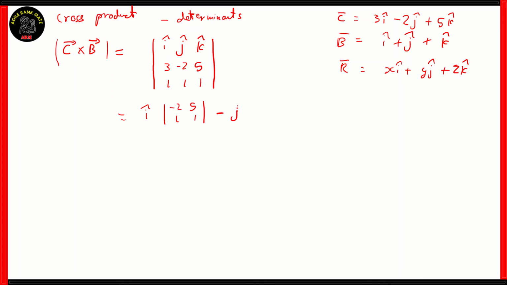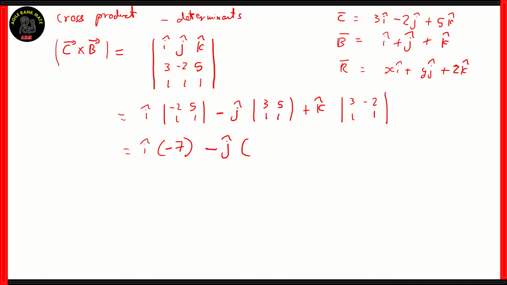And then you take negative of j cap, and then you find the second determinant, then you take plus k cap and find the third determinant, and so on. So when you solve that, what you'll get would be minus 2 times 1 minus 5 times 1, so it will be minus 7.